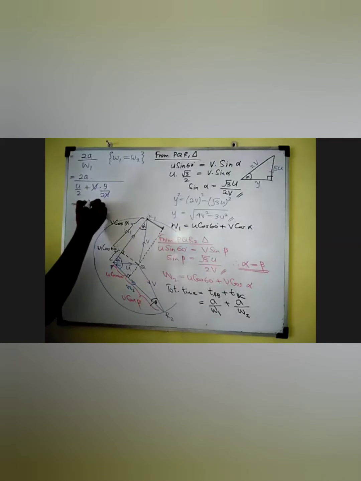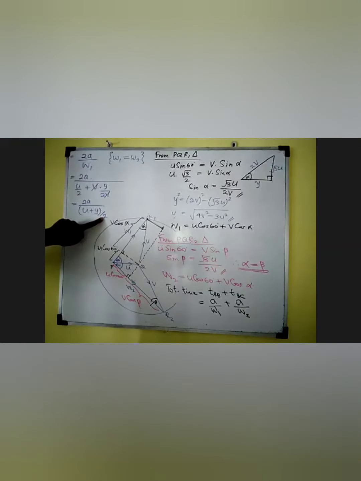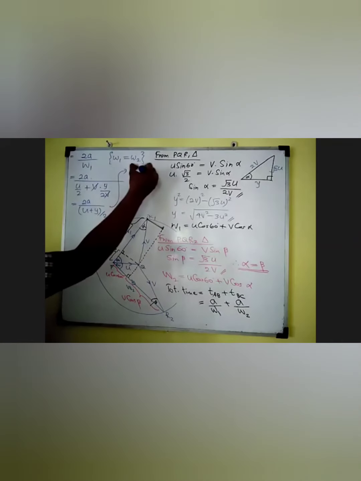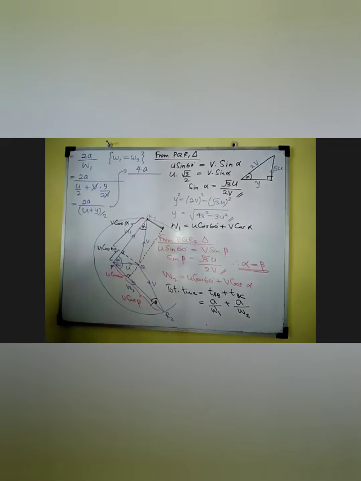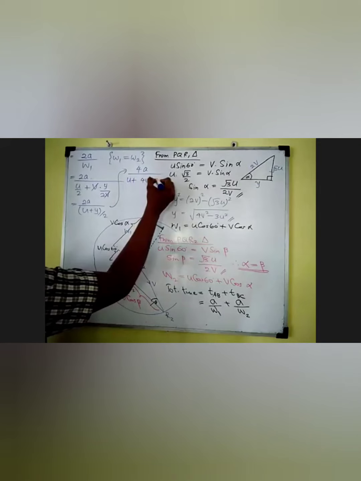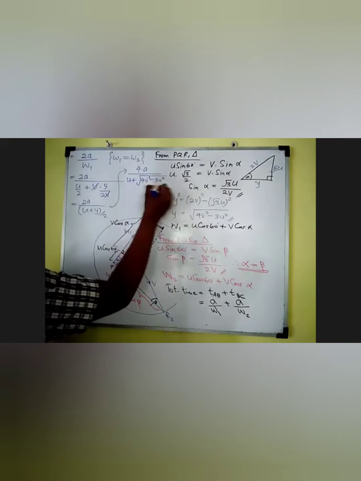Then it is 2A over (u plus y) divided by 2. So we can send this denominator up, because it is the denominator's denominator, so we can take the reciprocal and put that in the numerator. That becomes 4A over u plus y. What is y? y is the square root of 4v squared minus 3u squared. This is the answer.